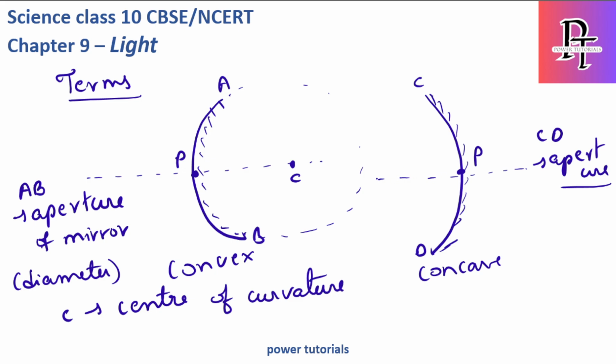Same way here also we can imagine this will form a sphere and its center is C, which is nothing but the center of curvature. Then we have another point called focus, which is capital F. Here also we'll have some focus. One more, the distance CP is called the radius of curvature.